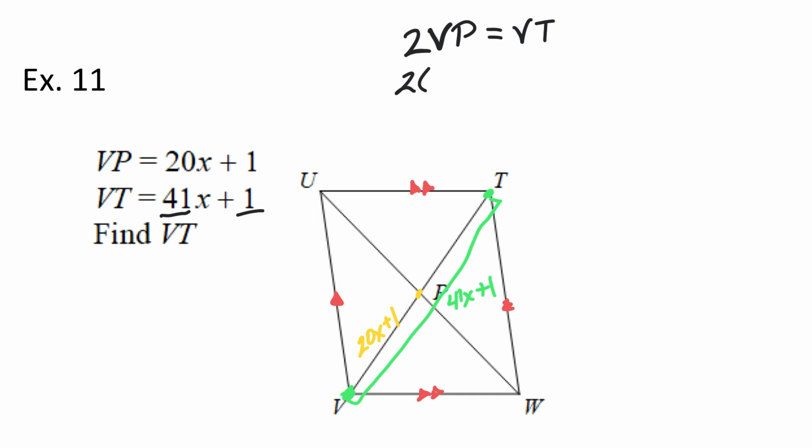So we know that VP has a measurement of 20x plus 1, and 2 of those equals the VT amount, which is 41x plus 1.